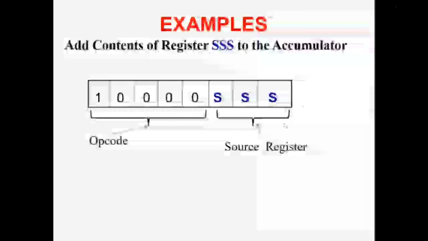Now, suppose I want to add what is in register B to what is in register C. Can someone tell me how we can do it?